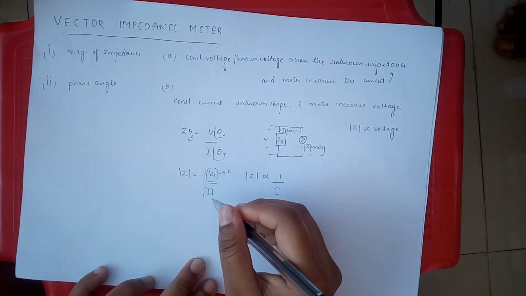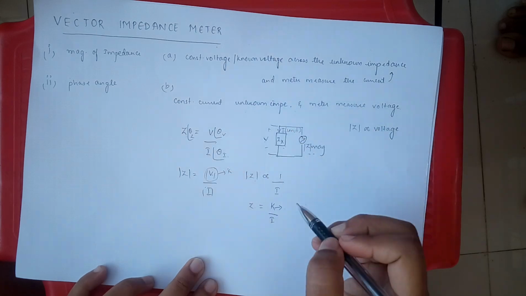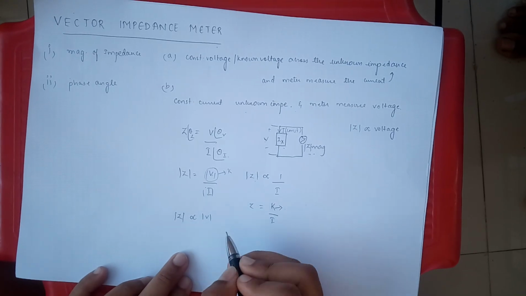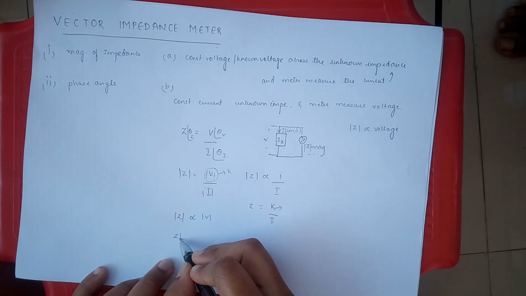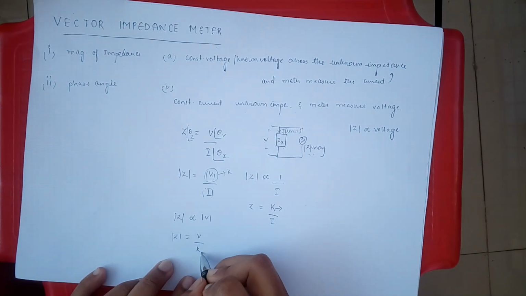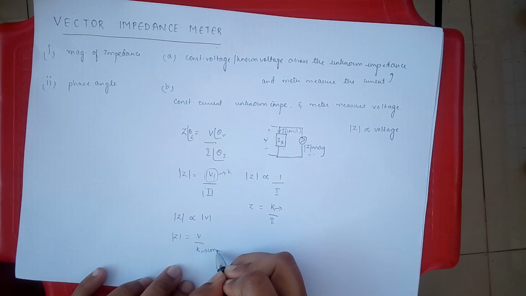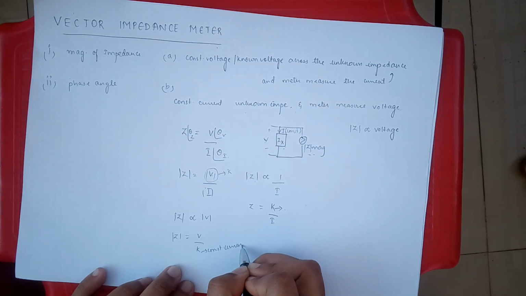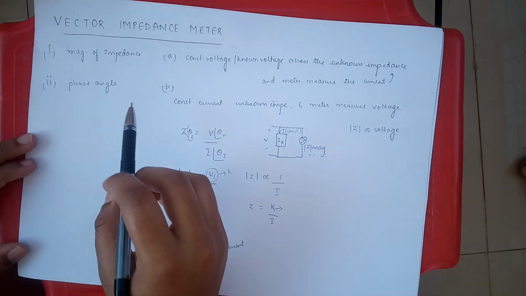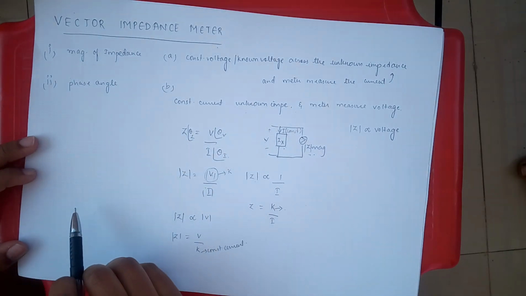And now for the second case, constant current, Z measures voltage like this. In other words, Z is nothing but V by some constant K here, which is your constant current. So this is all about how this meter will measure the magnitude of impedance.